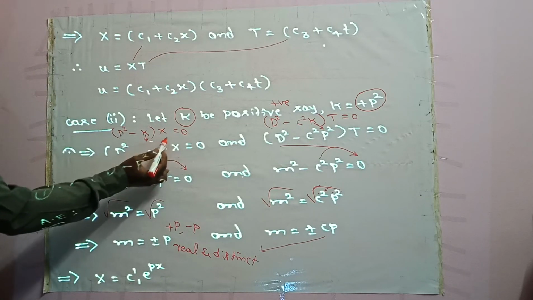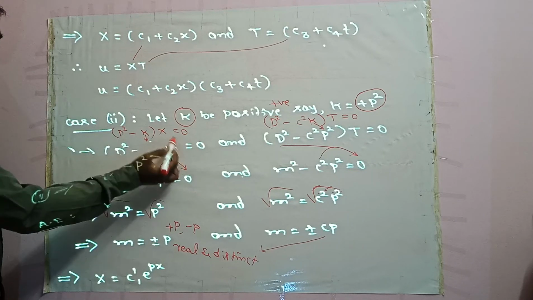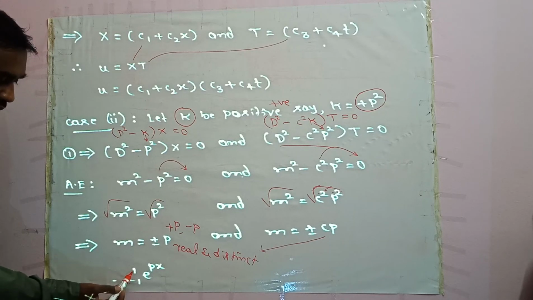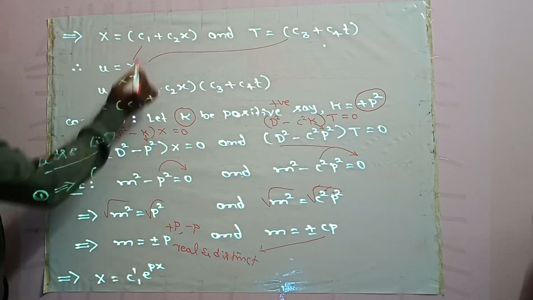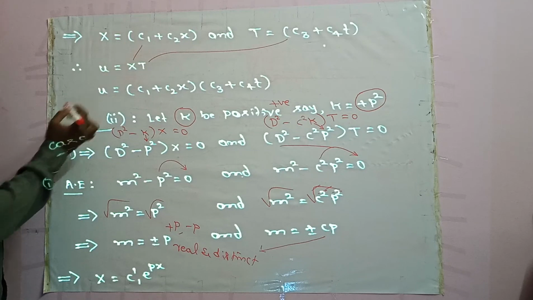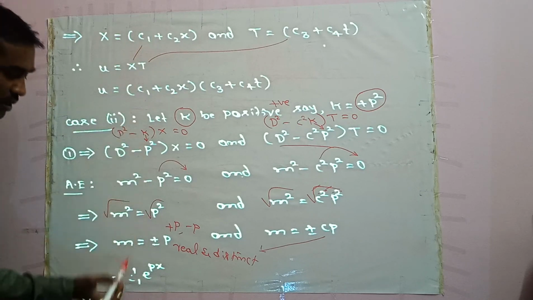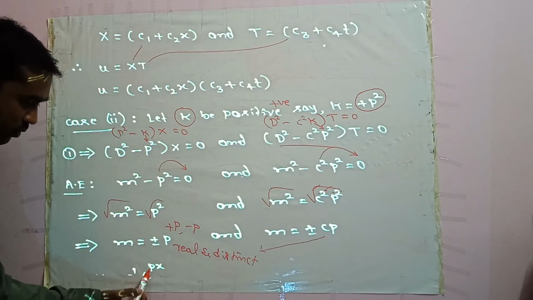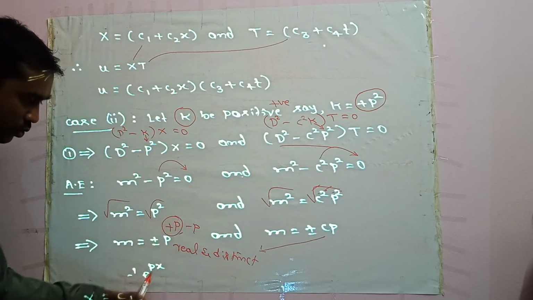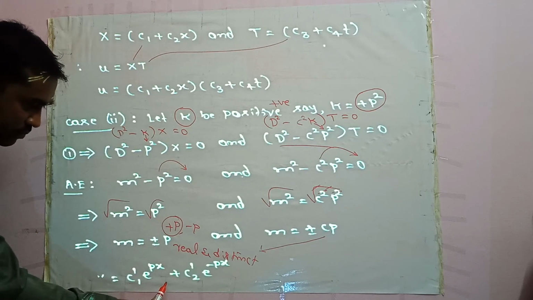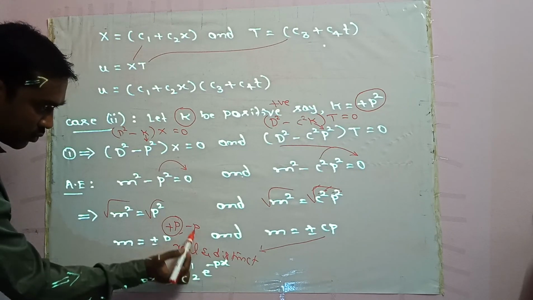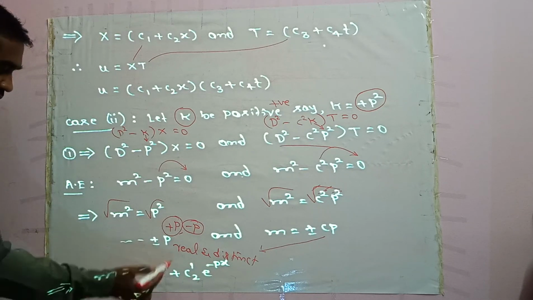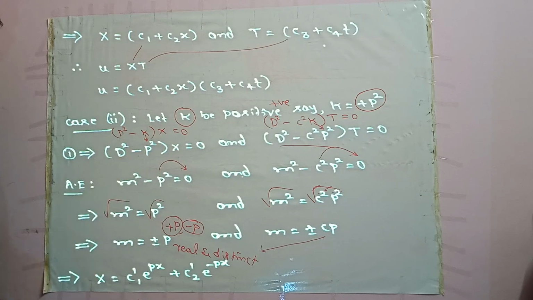Because in our differential equation, the dependent variable is capital X. Therefore solution x is equal to C1 dash. Why are we taking dash here? Because we already took C1 here. Since we have taken C1, let us take C1 dash, some other constant, e to the power one root into x, plus C2 dash e to the power another root, minus p, into x. So this is the solution for this differential equation.